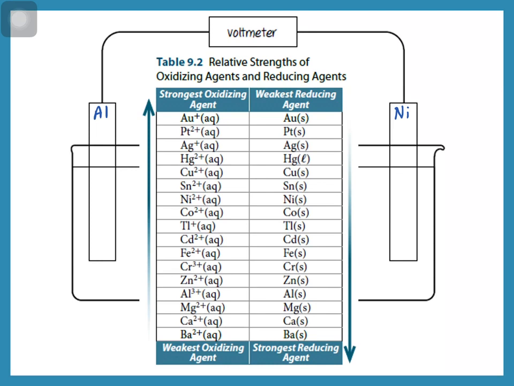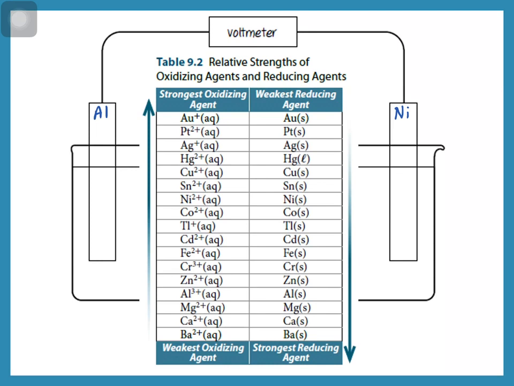there is a table that shows the relative strengths of oxidizing agents and reducing agents. So this is going to help us figure out which of these is the oxidation and which one is the reduction.